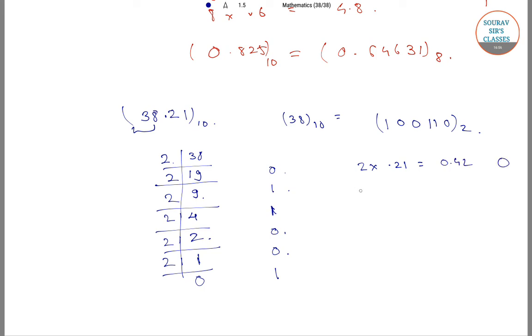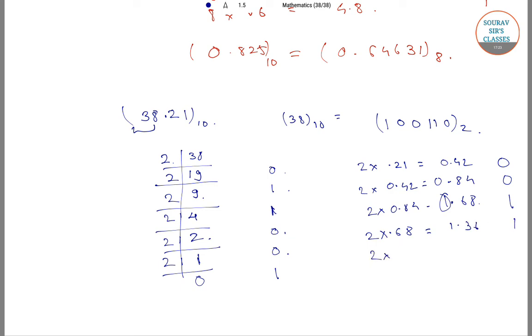Now we convert the fractional part. 2 into 0.21 equals 0.42, so it's 0. Now 2 into 0.42 equals 0.84, again 0. Now 2 into 0.84 equals 1.68, so the integral part is 1. Now 2 into 0.68 equals 1.36, again 1.